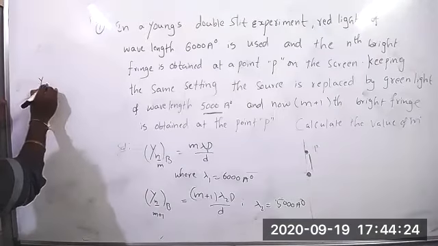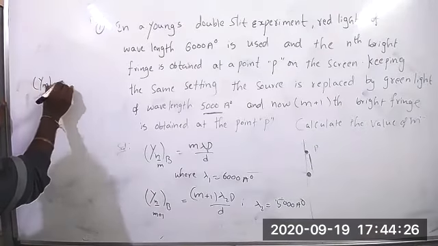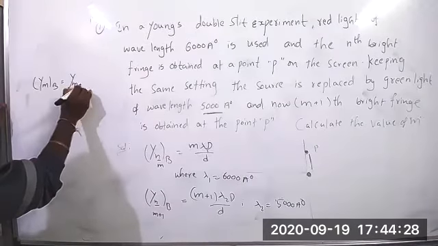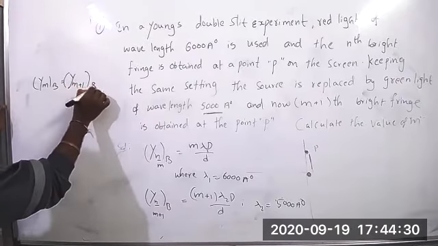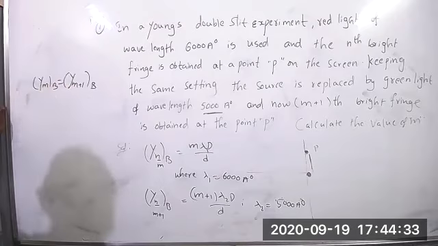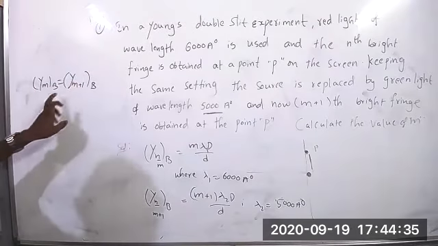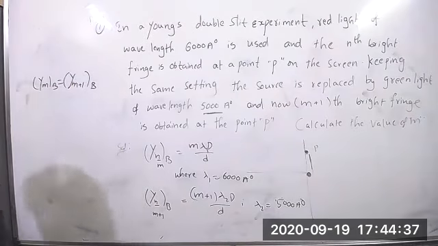Y m bright fringe equals Y m plus 1 bright fringe, because both formed at P only. So the vertical distance is the same. That's what we have written.